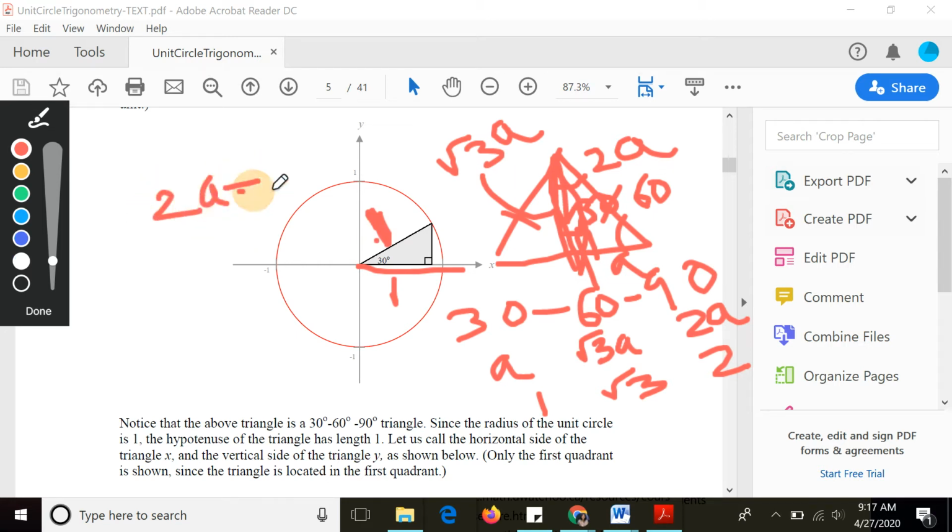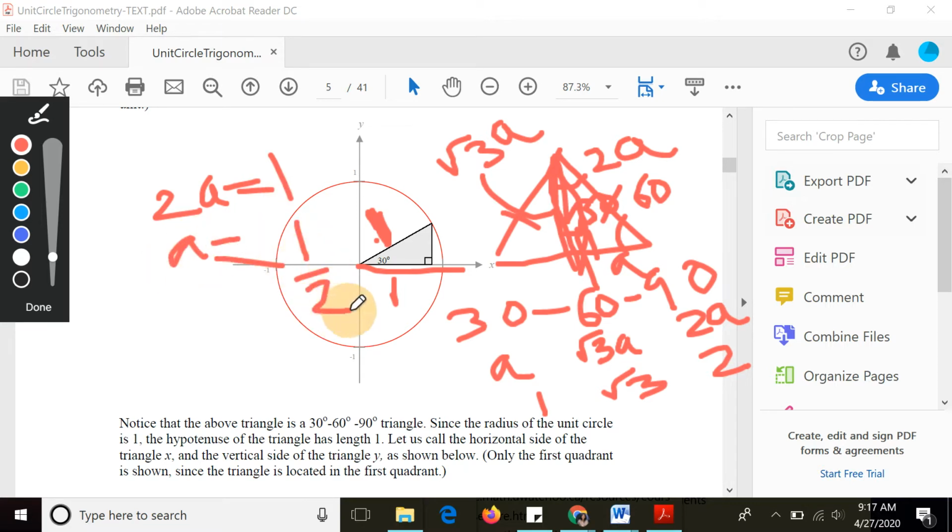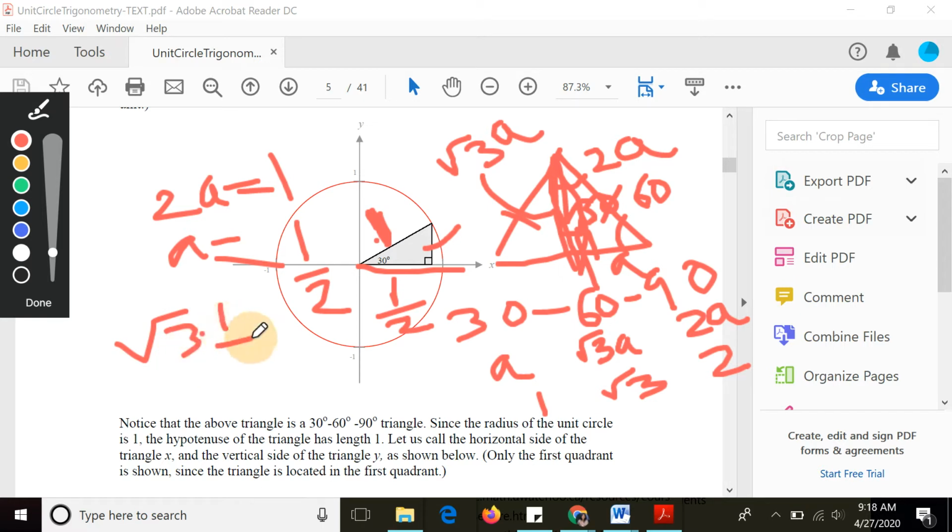So if 2a is equal to 1, then a is equal to half, which means this side length is half. The only thing I need to find out is this one, which is square root of 3 times half, so square root of 3 divided by 2. That is the side length here.